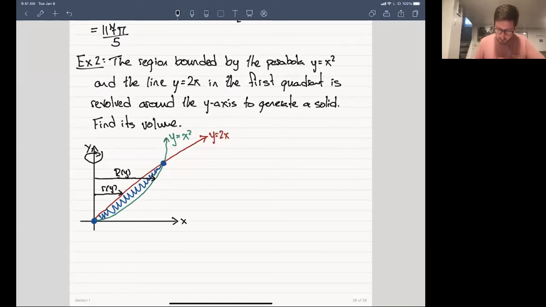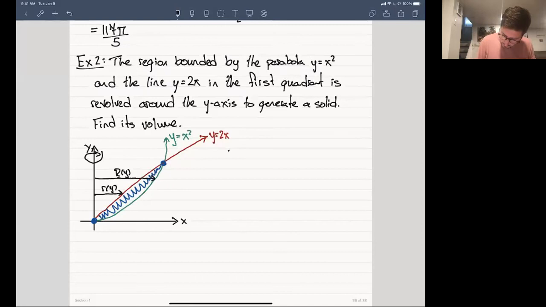Well, the first thing that we're going to have to do is calculate the radius as a function of y. So here we're going all the way out to y is equal to x squared. In this case, y is determined by x. We want x to be able to be determined by y. And the reason for this is because the radius is moving perpendicular to the x-axis.